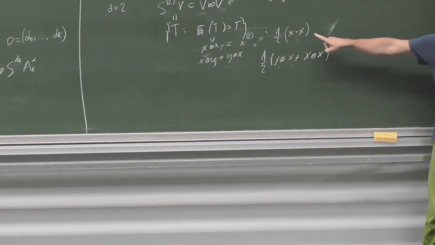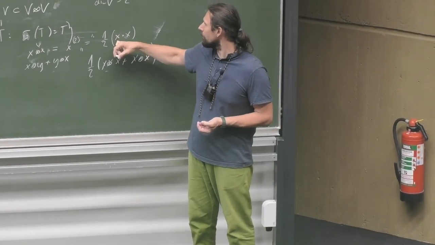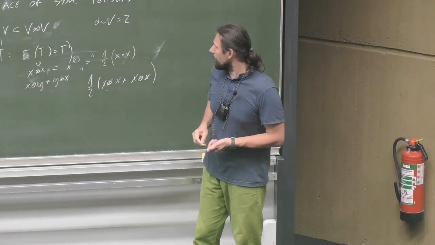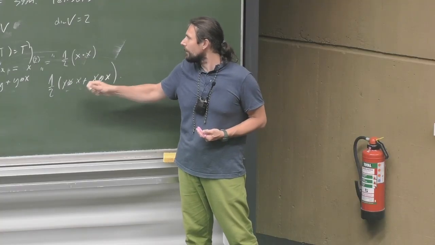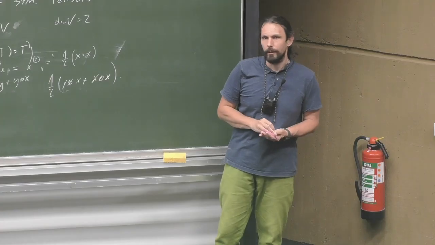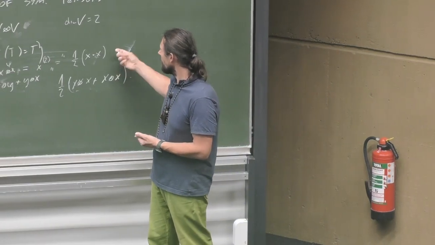Okay, so this dot means just the naive thing you would guess. So you take a tensor x, and you tensor it with x, with itself. So you get this thing, and then you symmetrize it.